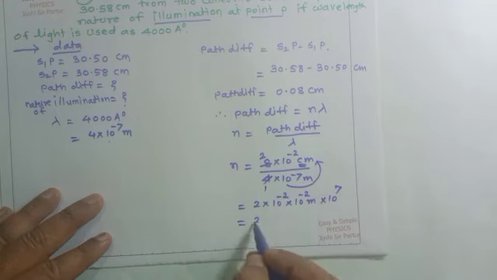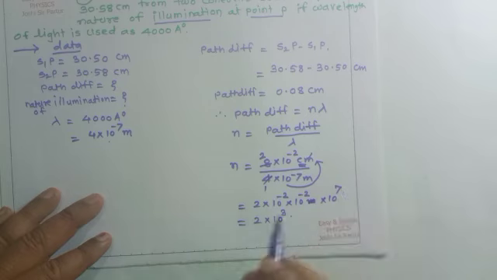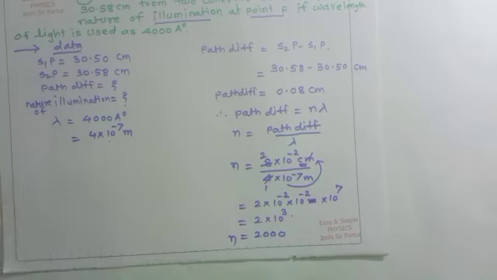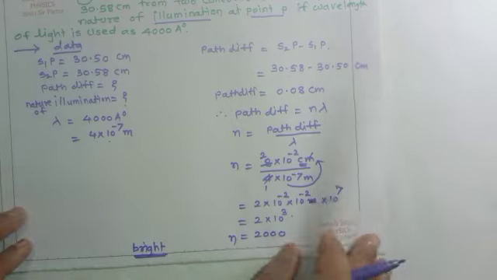So it is 2 into 10 raised to 3. Meter gets cancelled, so it will be 2000. So the nature of illumination will be bright. The point will be bright. That is the nature of illumination at a point if the wavelength is given.